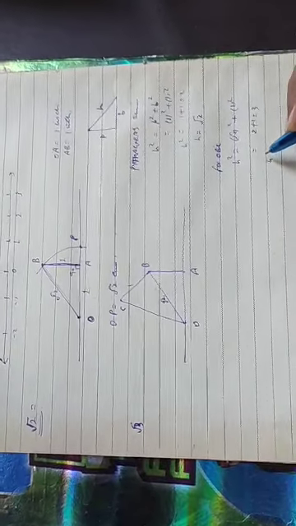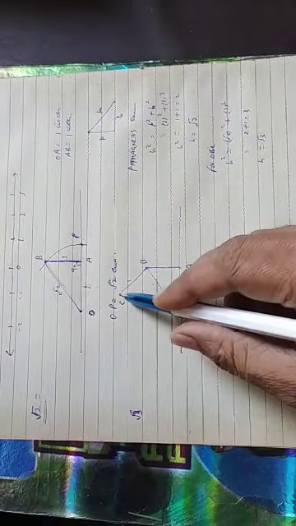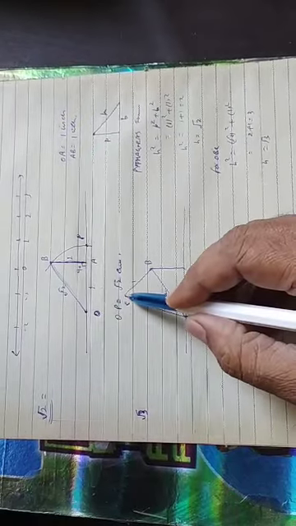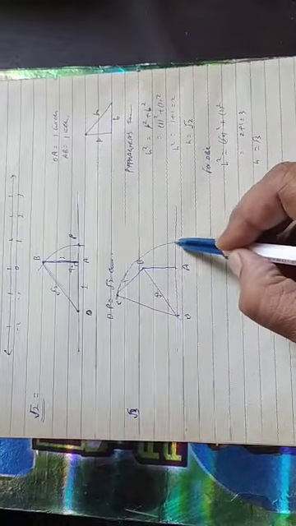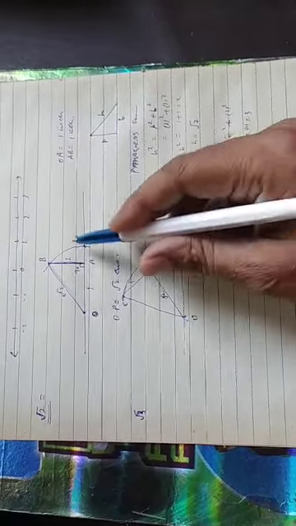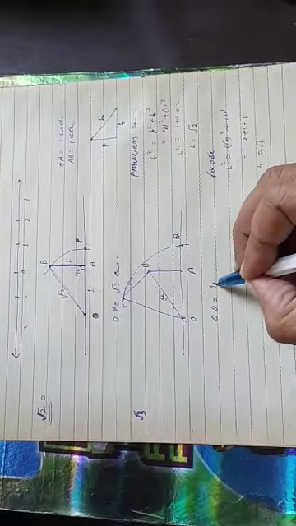Then h is under root 3. Again placing the pointer and spanning the pencil up to this side, draw an arc. Mark another point Q. Then OQ is equal to under root 3.